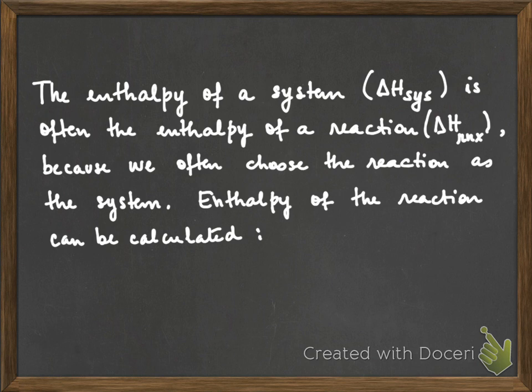The enthalpy of the reaction can be calculated in 3 different ways. We're going to use the stoichiometry of a reaction. The idea to use stoichiometry here is to connect moles with energy.